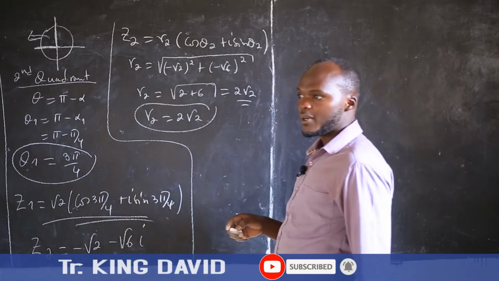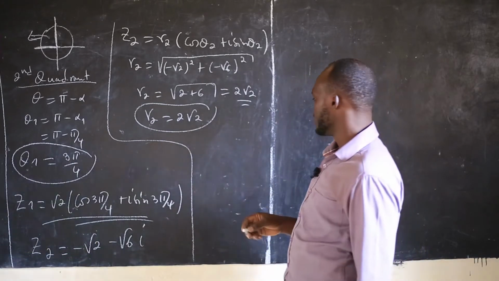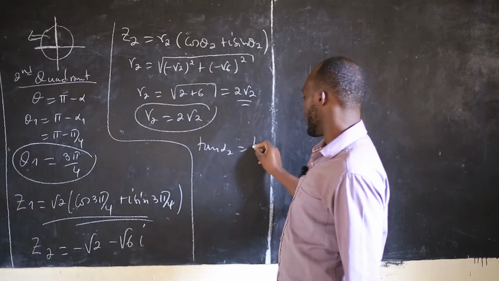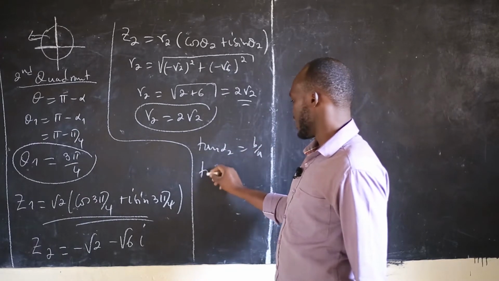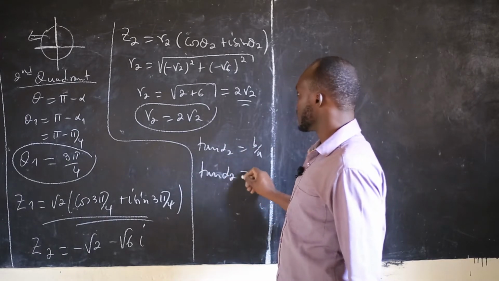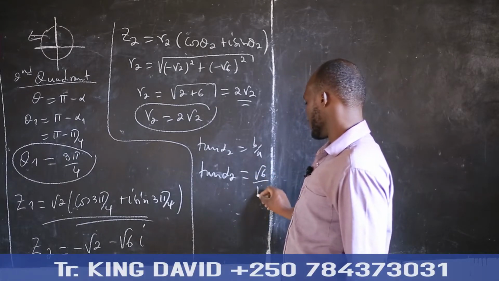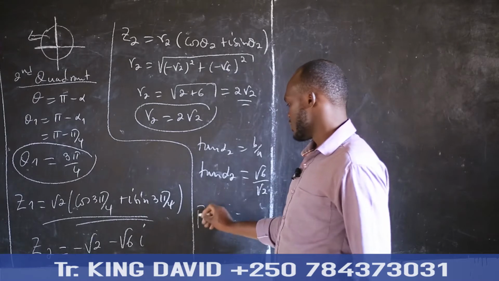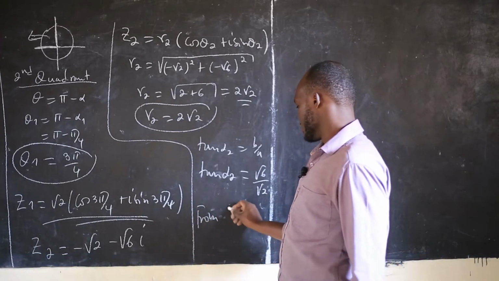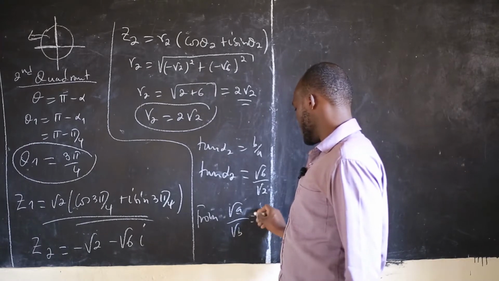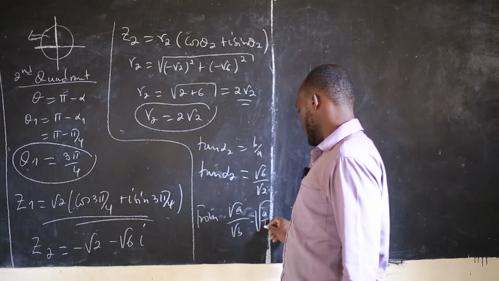So I'm going to find the argument, angle 2. Tan alpha 2 will be equal to b over a. Tan alpha 2 will be equal to root 6 divided by root 2. You know, root a divided by root b is the same as root of a over b.